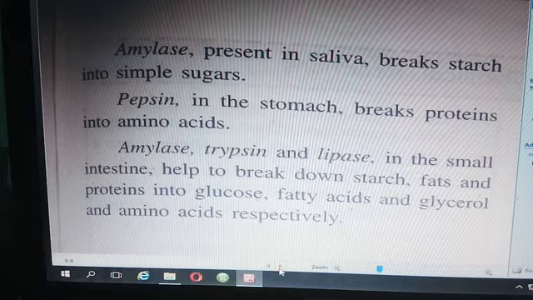Amylase breaks starch into glucose, then lipase breaks fats into fatty acids and glycerol, and trypsin breaks proteins into amino acids. So these are the functions of different enzymes present in our body.